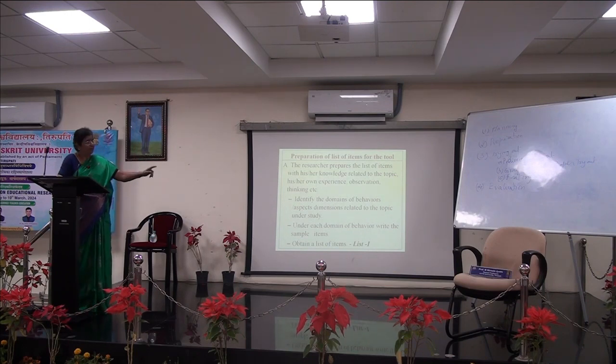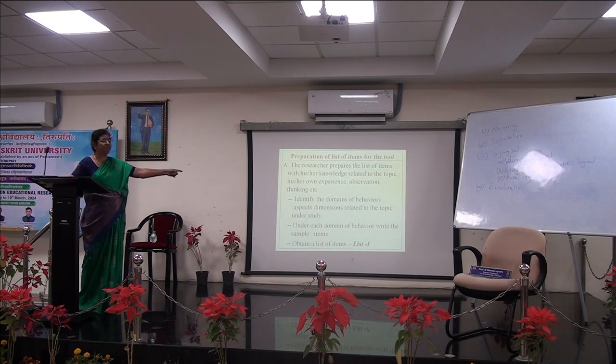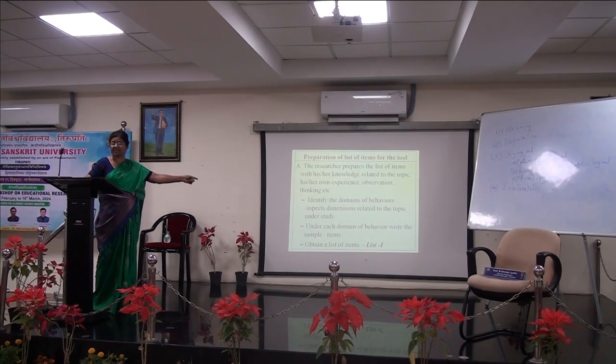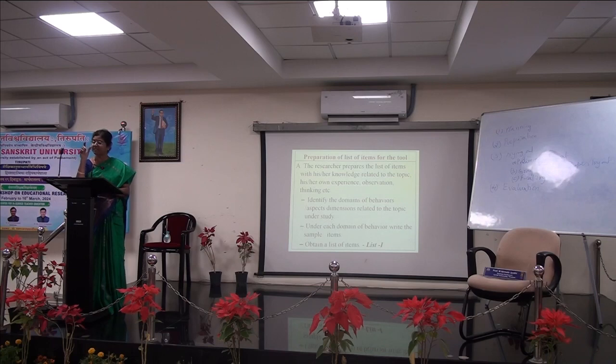First of all, you need to identify the domains of behaviors or aspects or areas. Regarding this research topic, what will be the major areas that cover this aspect? Those areas you need to identify first. Then under each area, you write the statements with your experience.